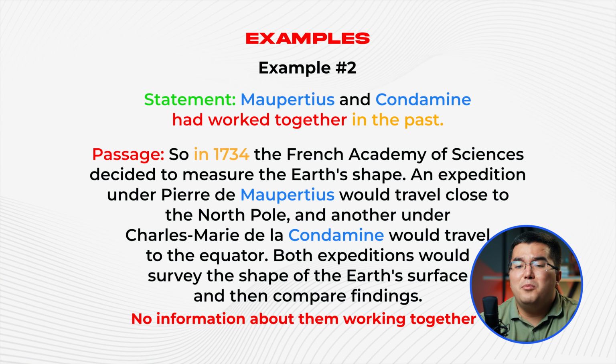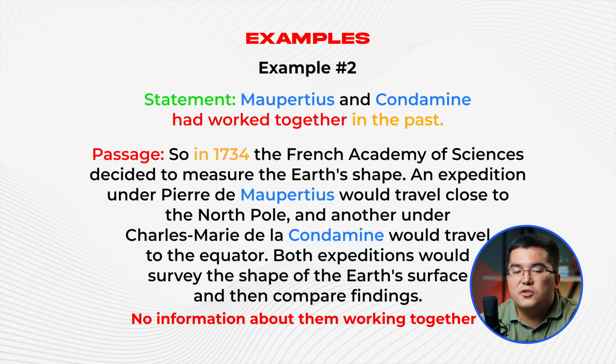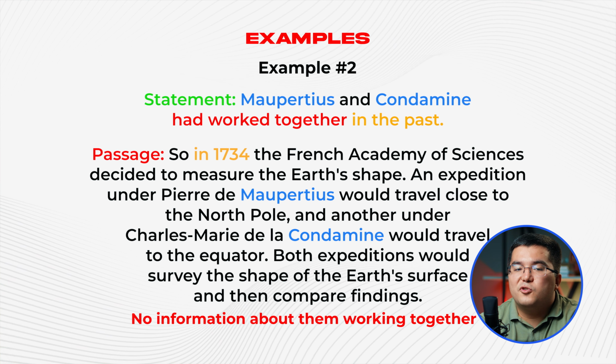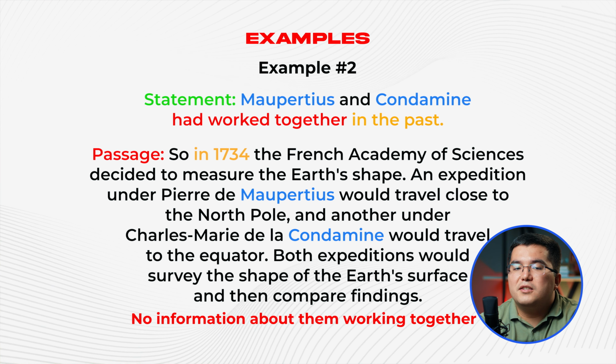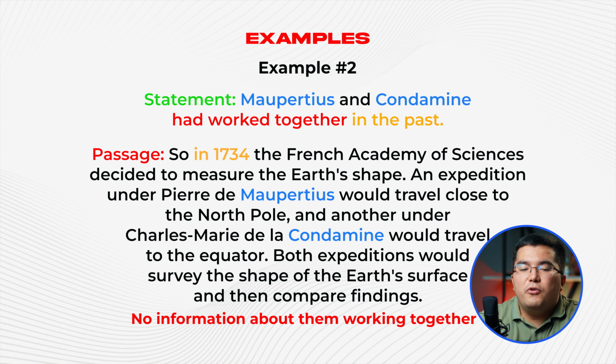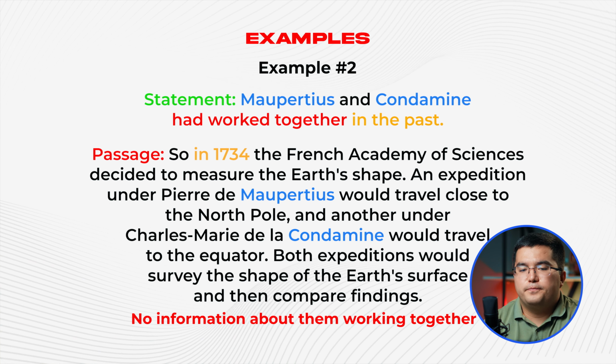But in this case, this part of the information is absent in the text. It is missing. It had been cut down. Although some keywords of the statement match those in the text, there is no information on their previous collaboration. That's why the answer is not given.